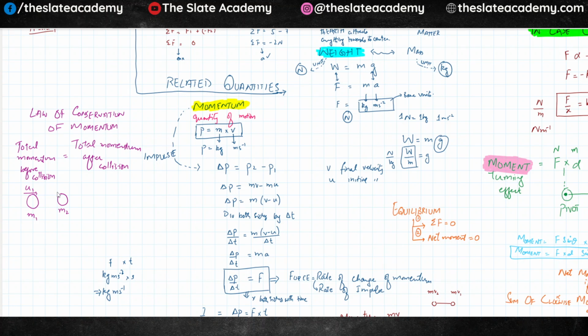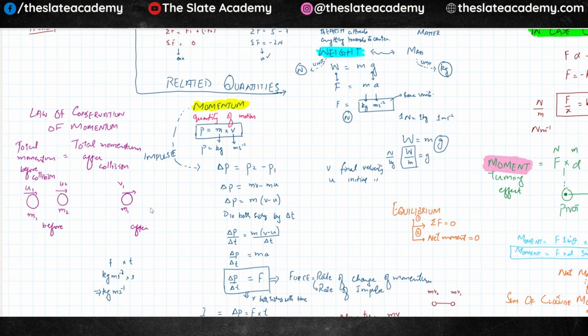So this is before collision. And after collision, the velocities would change. So M1 moves with velocity V1, same direction, and M2 moves with velocity V2.